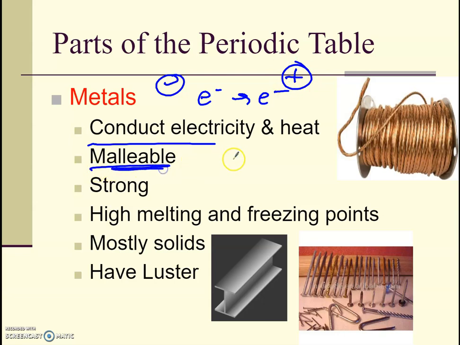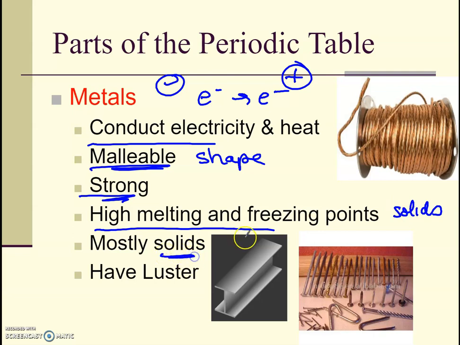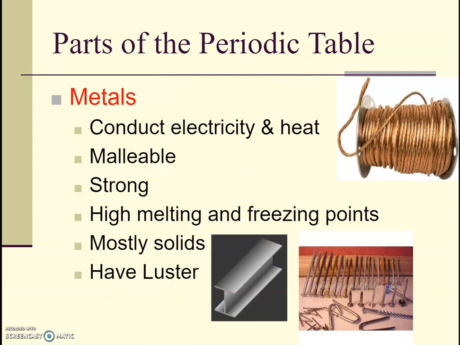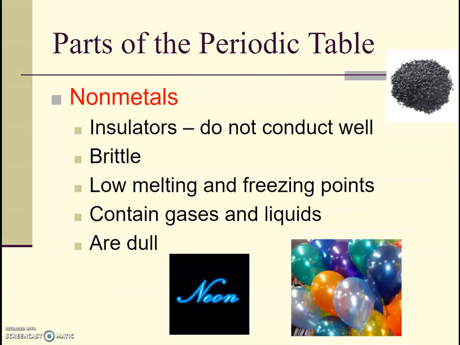They're malleable, which means that we can change their shape. They're relatively strong. They have very high melting and freezing points, so you're going to see that most are solids. Do you know what the liquid one is? That's right, it's mercury. And they have luster. So if you are a friend of Moana, that is shiny. Oh, Moana. I've seen that so many times with my kids.